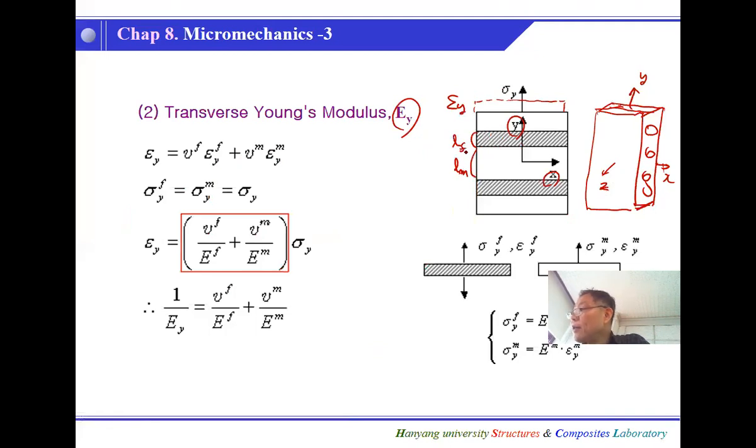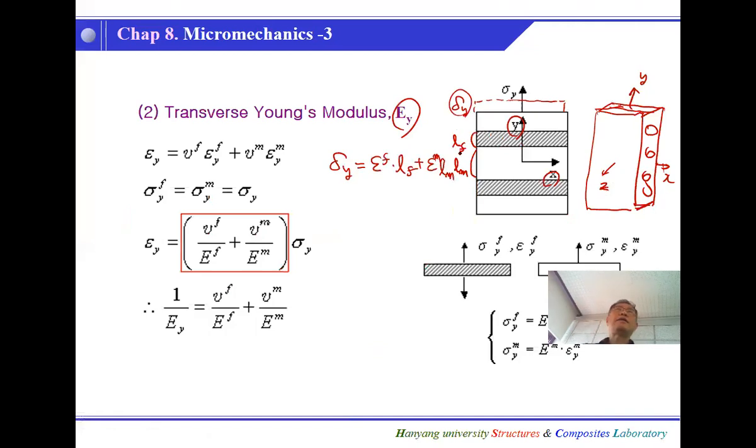And then this total delta y, okay, delta y will be, first there will be a fiber strain times LF plus matrix strain times LM, right?